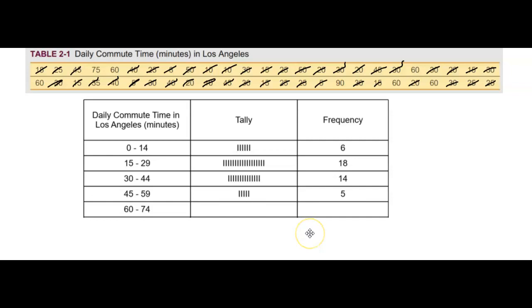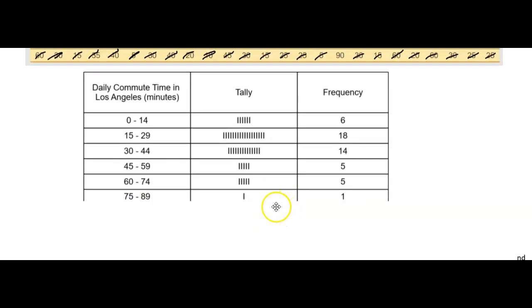Okay, how many are in between 60 and 74? 1, 2, 3, 4, 5. So we have 5 tally marks, and therefore we have 5. How many are between 75 and 89? We have 1. And it looks like that's all we have. So we have 1, therefore we have 1 frequency.